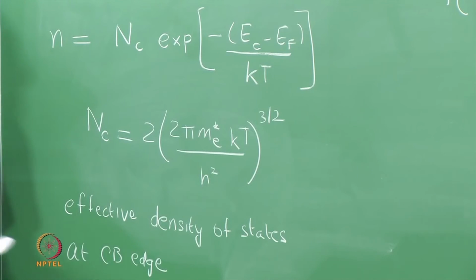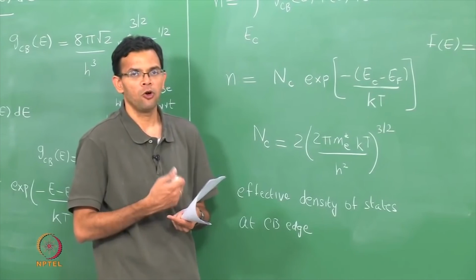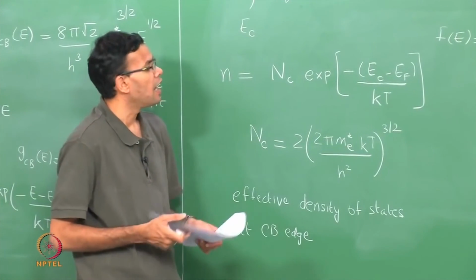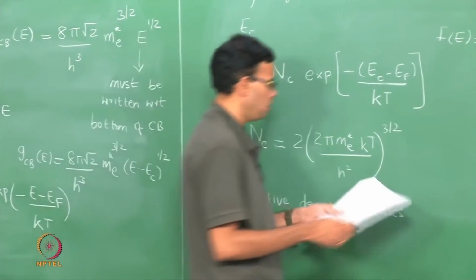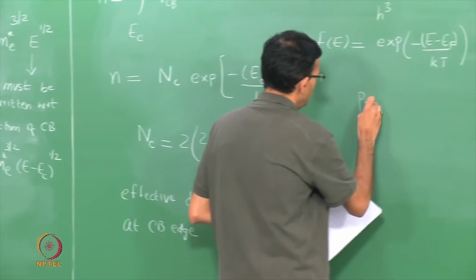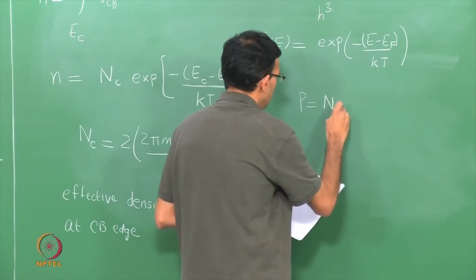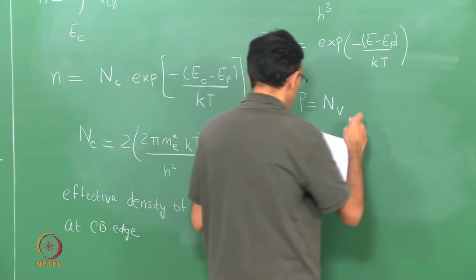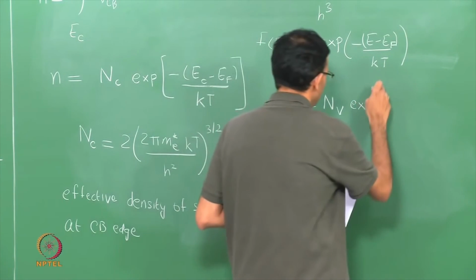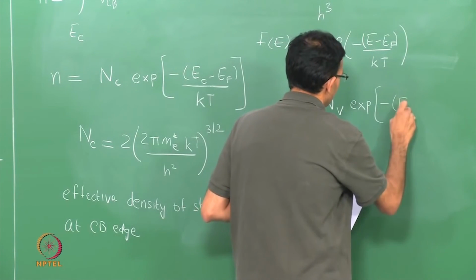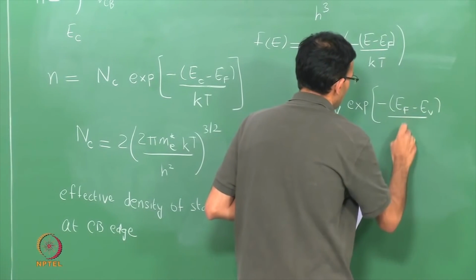Whatever derivation we did for electrons, we can equally do for holes in the valence band. I will not do the derivation for holes, but I will just write down the expression. For holes, p, which is the concentration of holes in the valence band, is Nv, which is a constant, times exponential minus Ef minus Ev over kT.